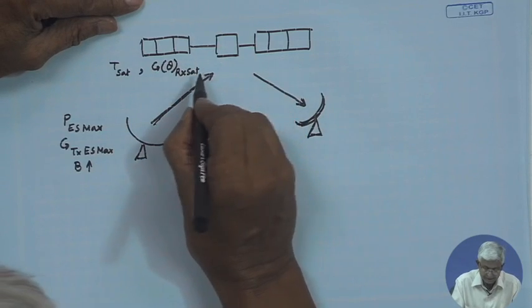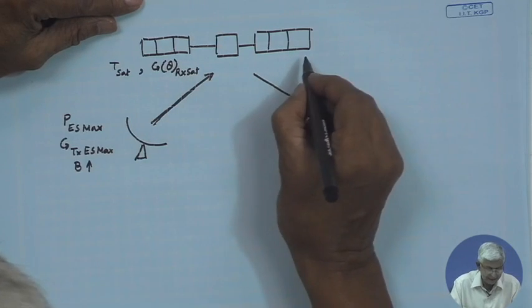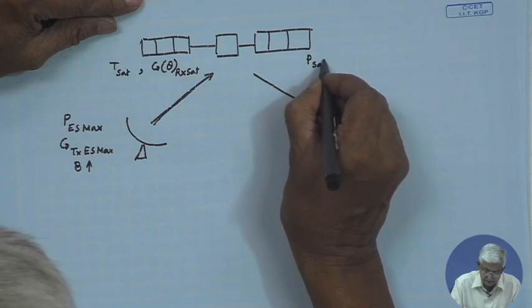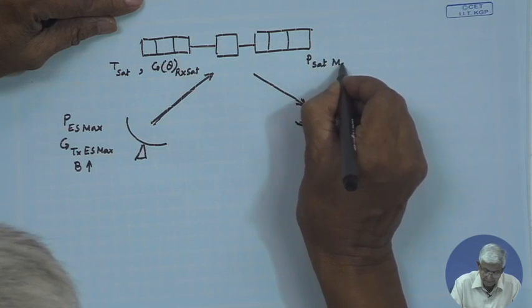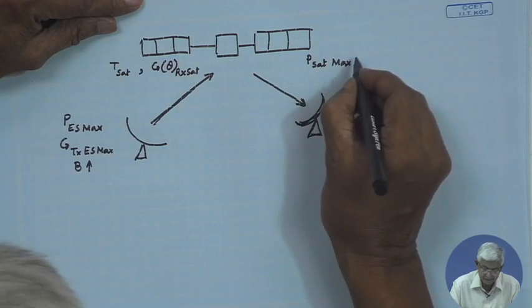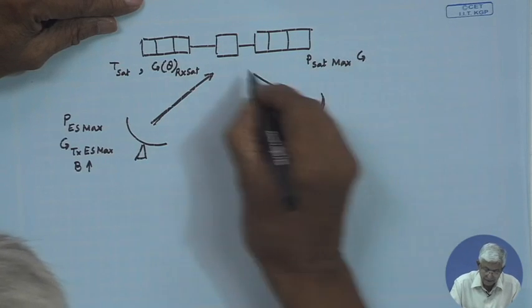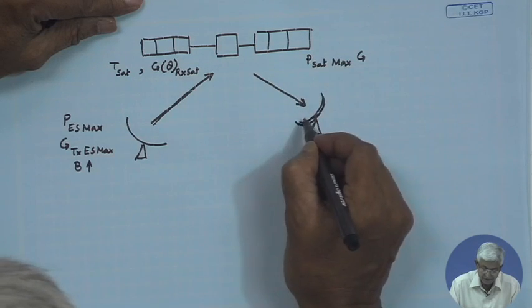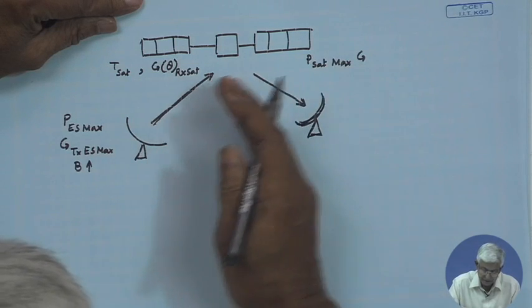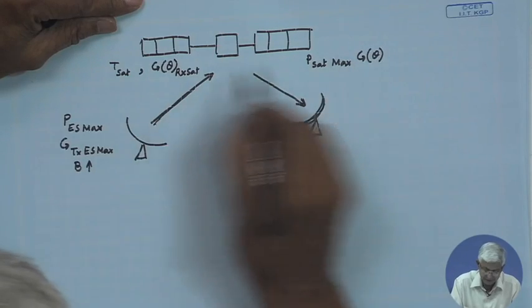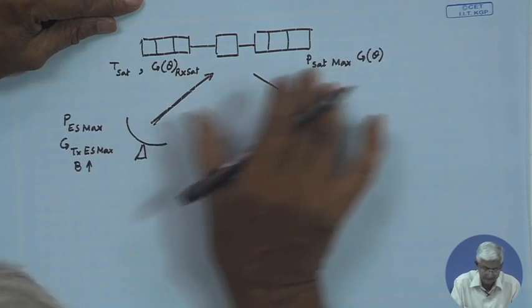That is at the receiver of the satellite. From the transmit side of the satellite, it is the maximum power that is transmitted, P sat maximum, feeder losses and everything included into this, but the gain of this satellite antenna towards the receiving station may be different on both sides. I put the same angle theta, these two thetas may not be the same, but for easy calculation we put the same angle.